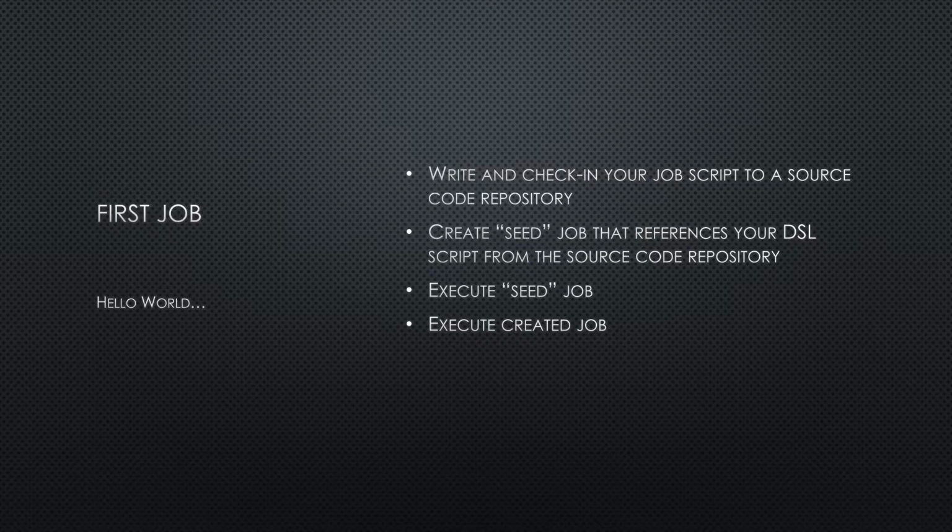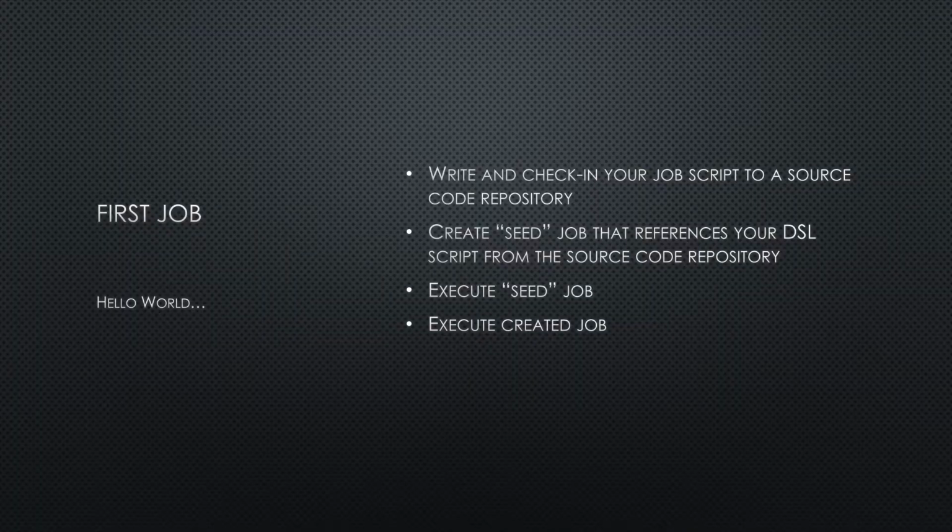The script names themselves, when you're creating these Groovy files, have to follow a certain naming convention, which is letters, digits, and underscores. It can't start with a digit. And then you need a seed job. You can name it whatever you like, but it's a job that says, I'm going to take your DSL, run it, and execute, and create what you told me to create. So with those 3 things, you can pretty much get it done.